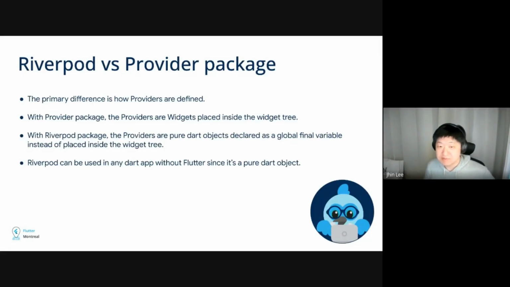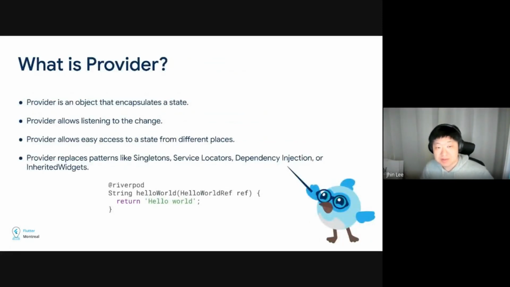That's the main difference. All right, so now let's talk about Riverpod provider. From now on, when I say provider, it's not the package name. I know that can be a little confusing, but provider is Riverpod provider from now on. Okay. So provider is just an object that encapsulates a state, and provider allows listening to the change.